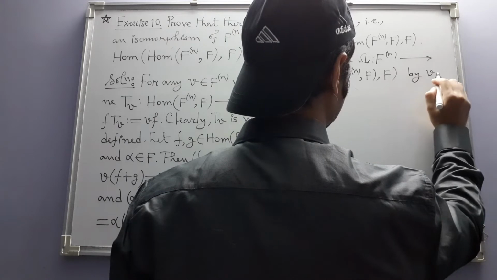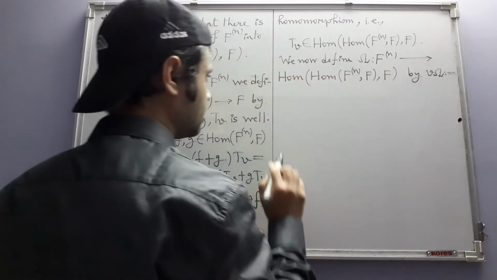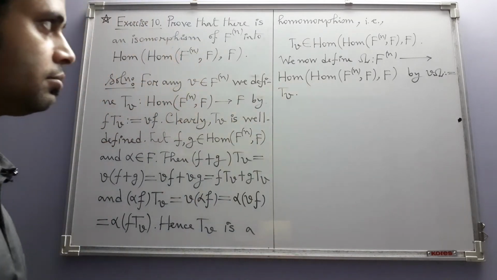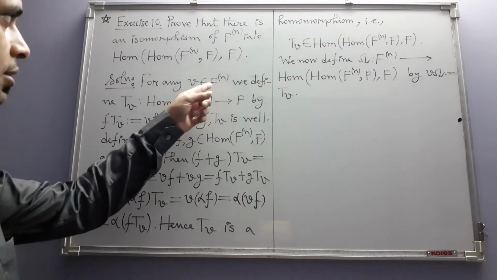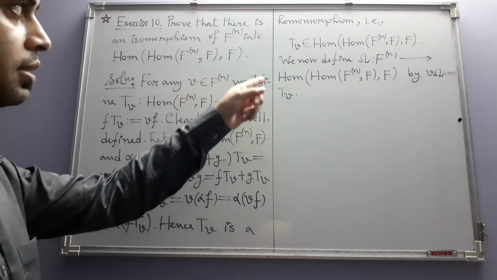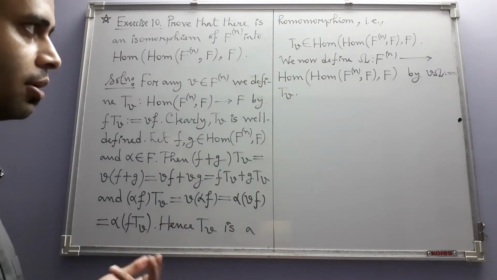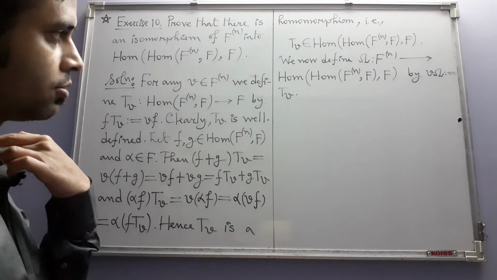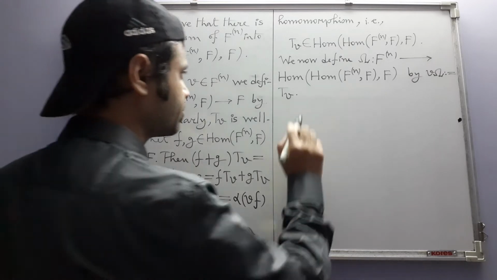By this formula, v omega is defined to be equal to Tv. Since we have proved that for any v in Fn, Tv is in this set, so this map makes sense, and also for a given v there is only one Tv, so no problem with the uniqueness of Tv.